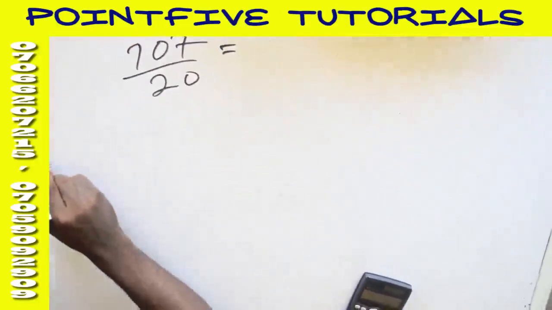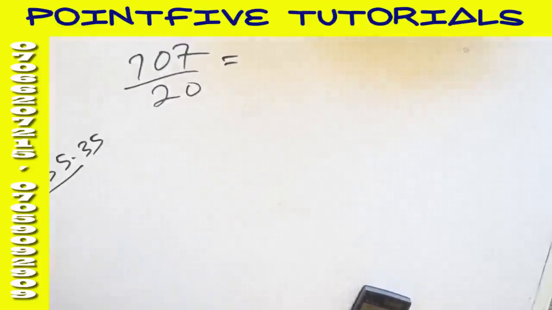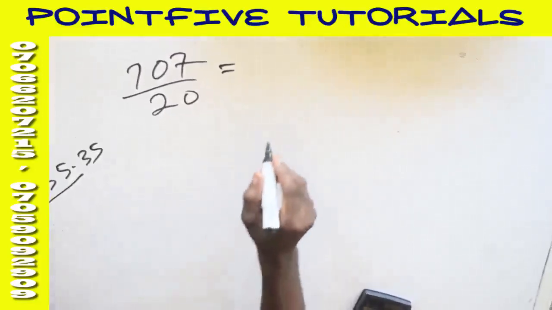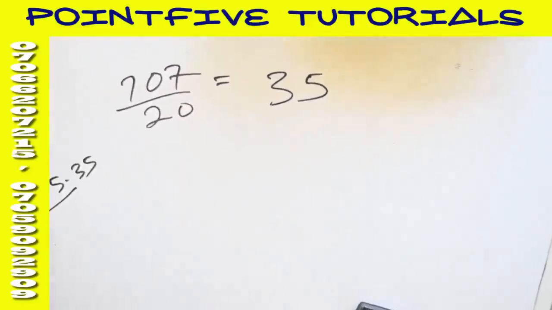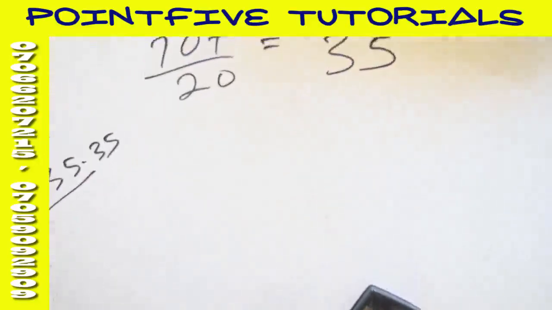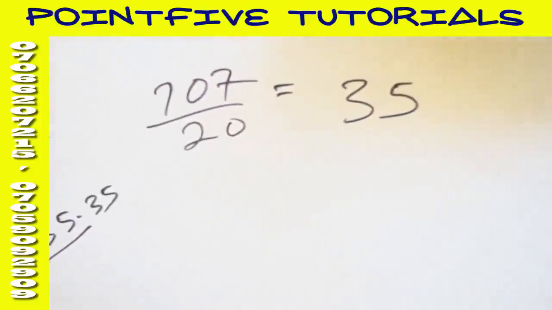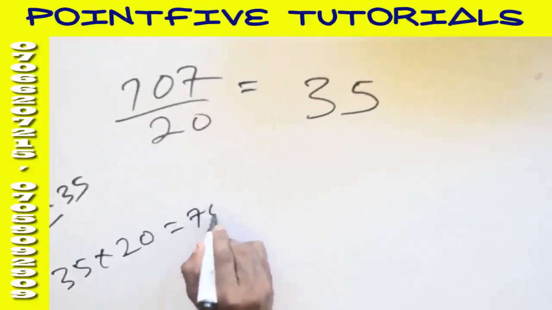When it gives you 35.35, you take the number before the decimal point. We have 35 here, and this number becomes your whole number. Then all you need to do is use that number, which is 35, to multiply the denominator. The denominator is 20, so 35 times 20 will give you 700.